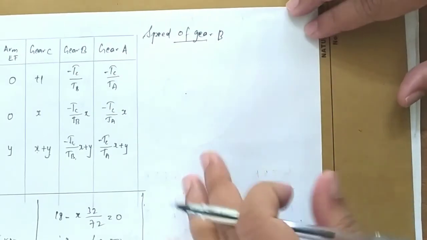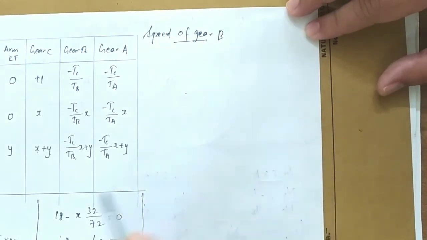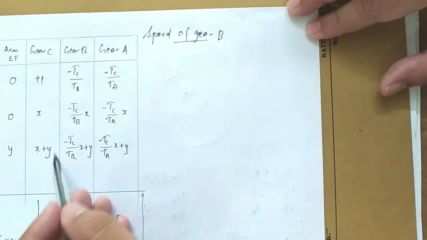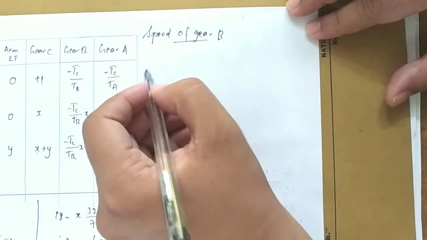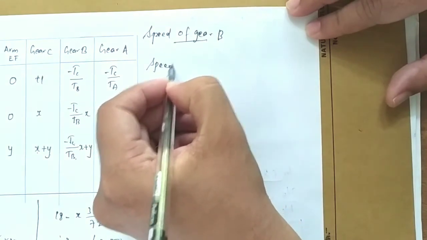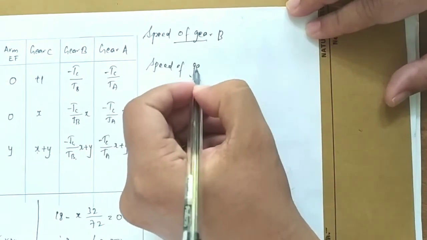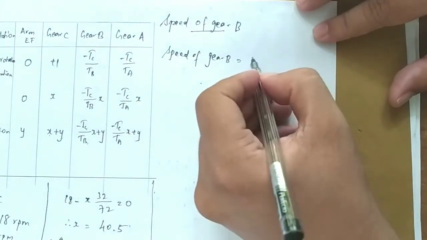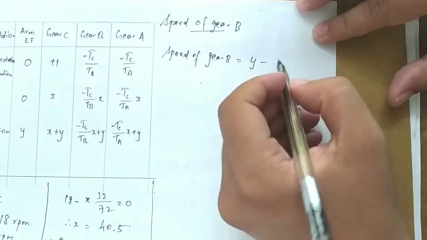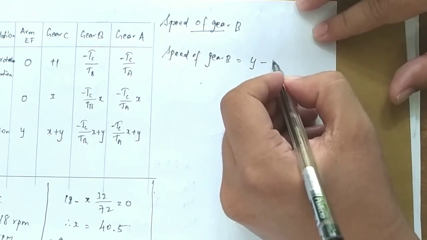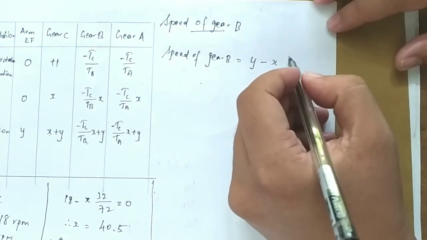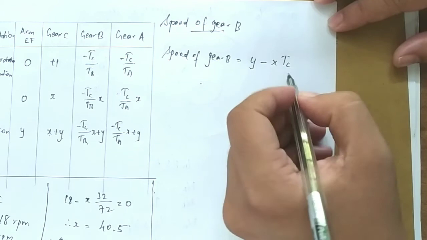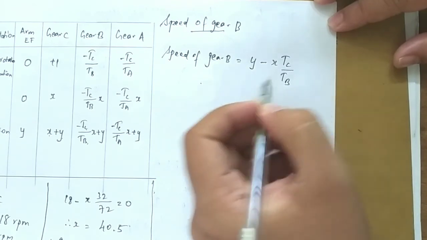Now we can go for getting the speed. What is the speed of gear B? Which equation do you have to take? Gear B means you have to take this equation. So speed of gear B is equal to y minus x into TC by TB.